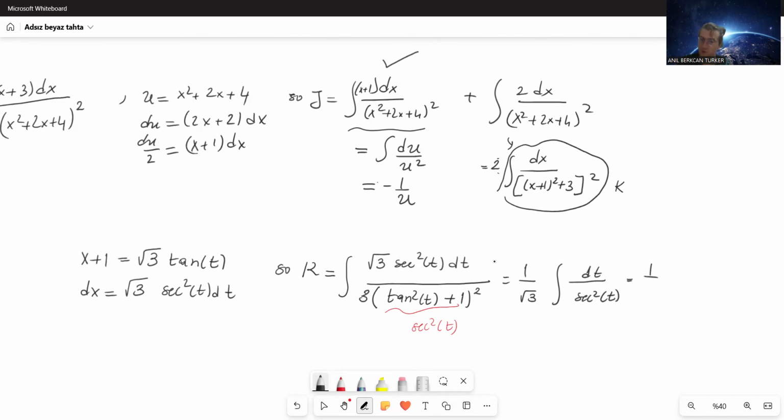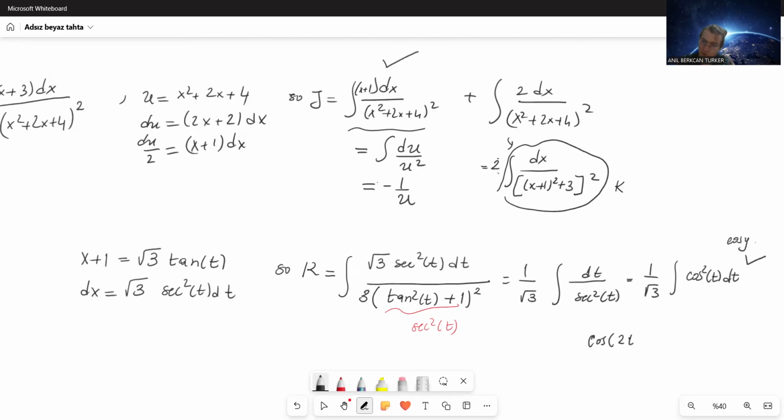It is very easy. Secant means 1 over cosine, so it is cosine square t dt, which is very easy to calculate, right?